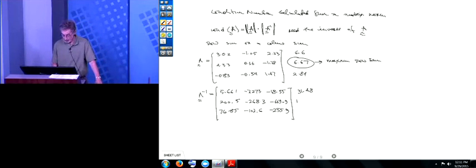Okay, so this should be what then? This is almost equal to 0, right? I got it wrong there. Close to 0, at 0.1.